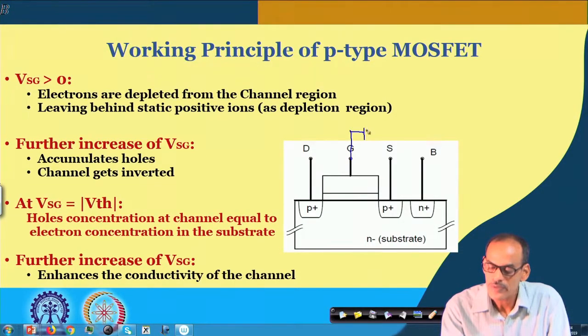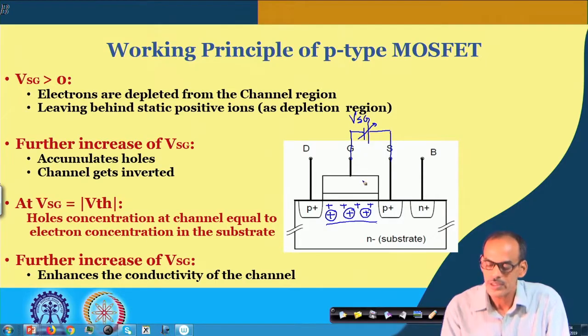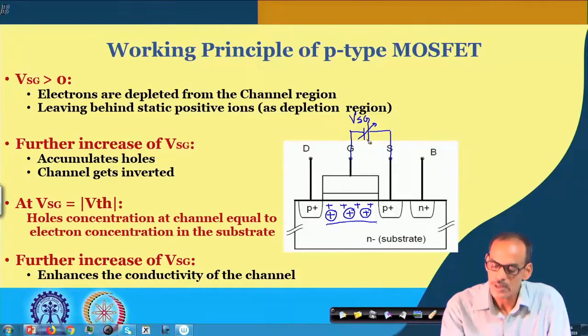If we further increase this VSG, we are expecting that there will be holes just near the surface, and of course, there will be the static ions. As I said, they are not participating in the current flow, but they are basically neutralizing some part of this potential.